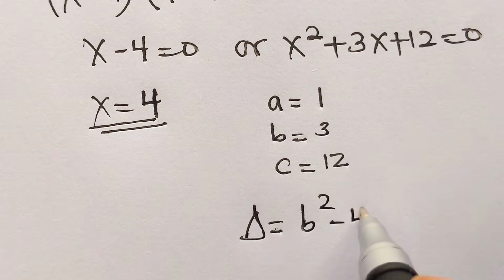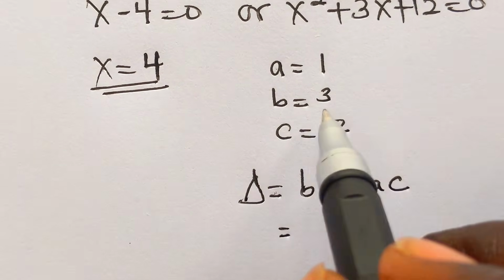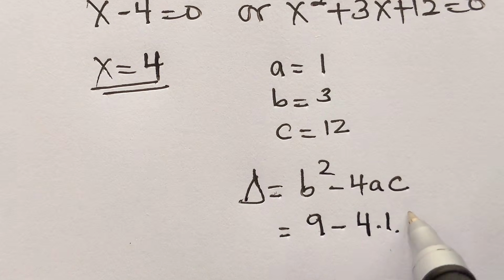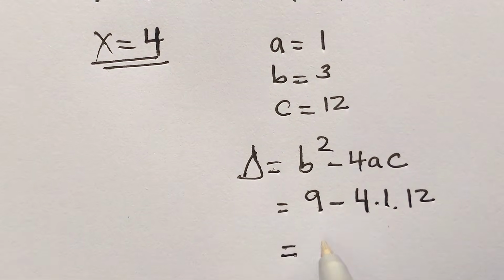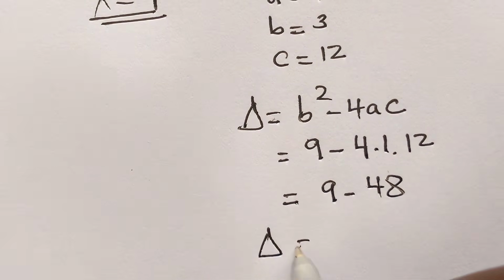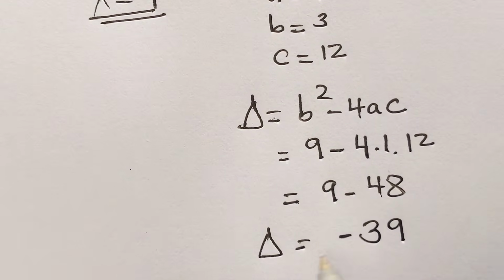which is equal to b squared minus 4ac. This will be 9 minus 4 times 1 times 12, which is 9 minus 48, so delta will be negative 39.